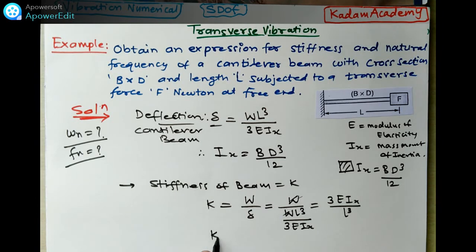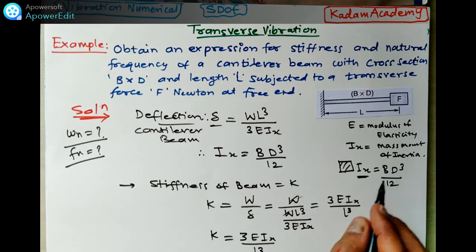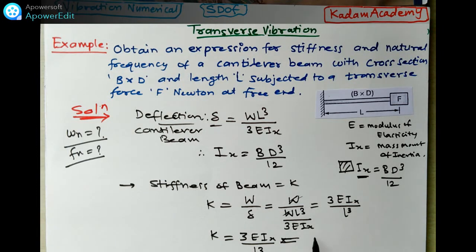I will rewrite this equation: 3EIx over L cube. But the value of Ix we have already written here, so it becomes 3 multiplied by E multiplied by Ix, where Ix is B into D cube by 12, and in the denominator L cube.